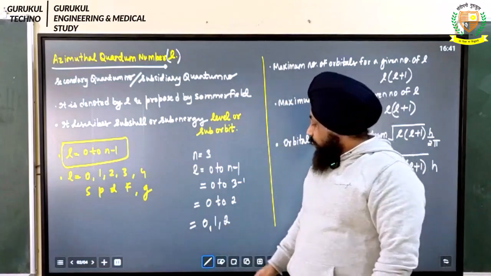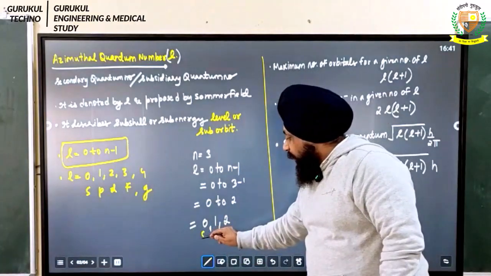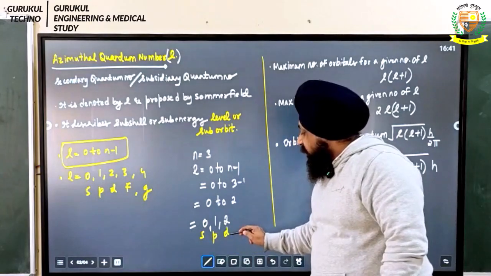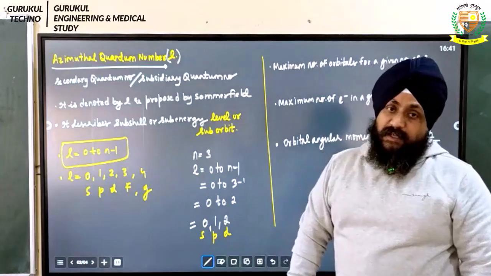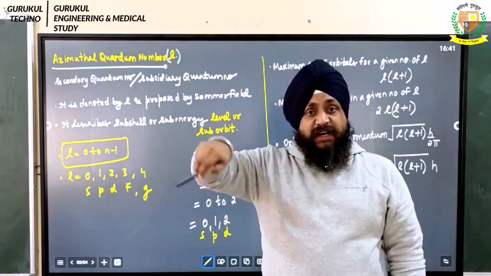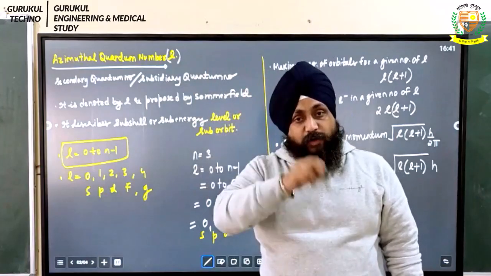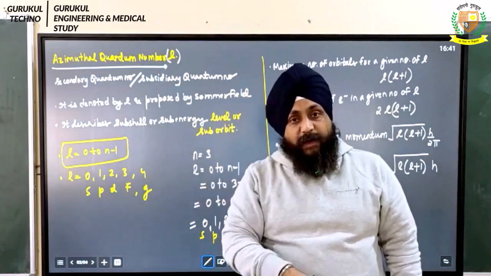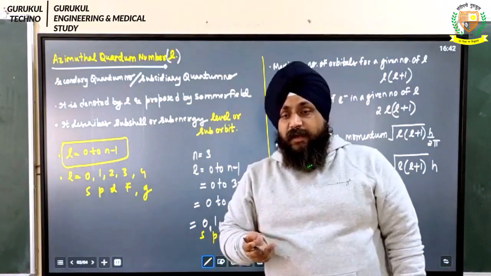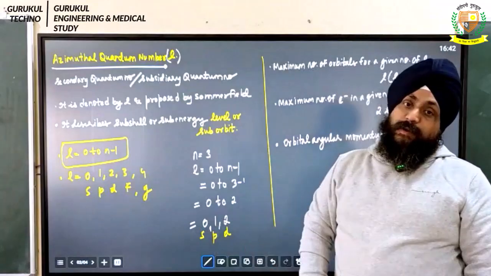So here the s orbital is present, the p orbital is present, and the d orbital is present. If the energy level is the third energy level, it will contain the s orbital, the p orbital, plus one more orbital, which is the d orbital.